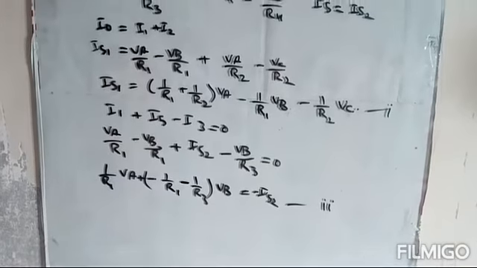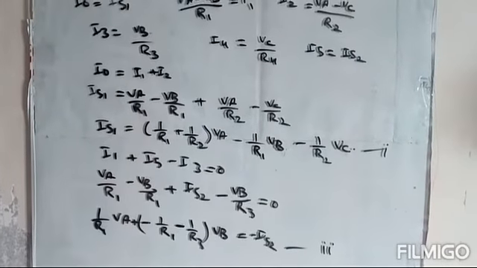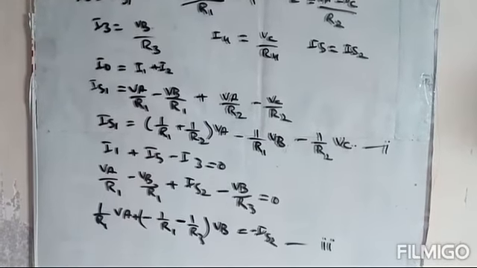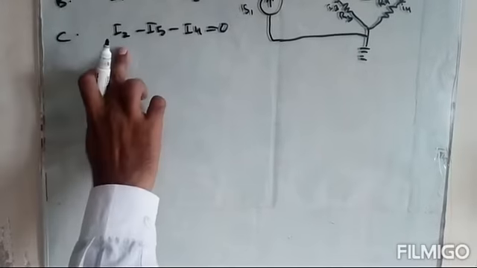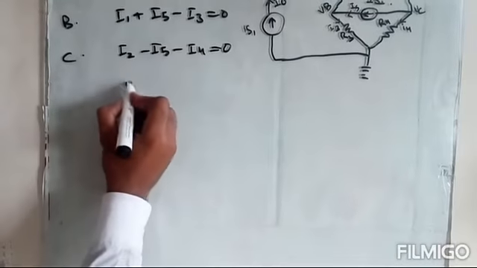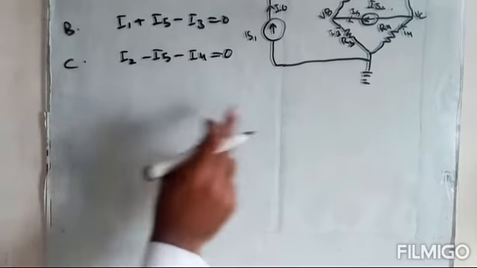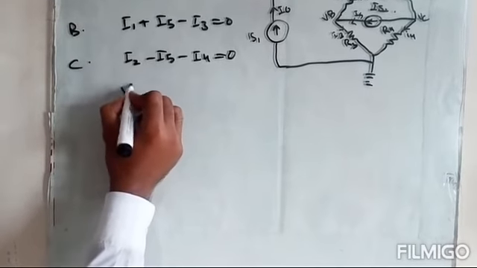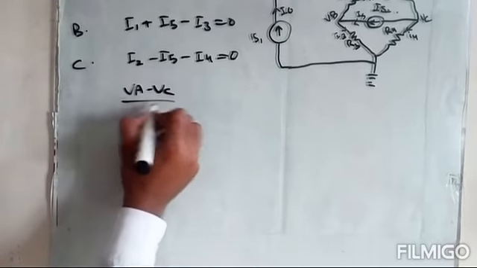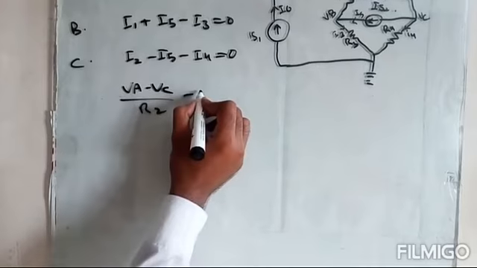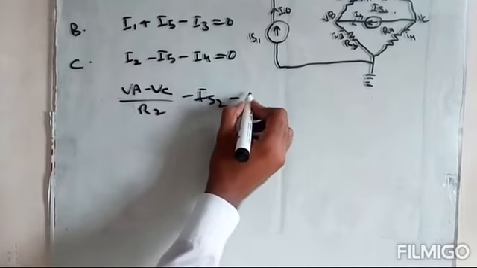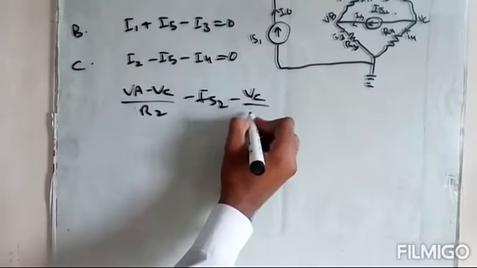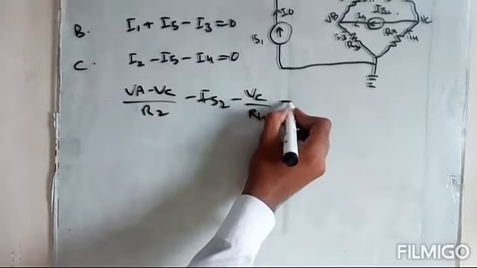Now we will put the values of current in the third node equation, at node C. I2 is equal to VA minus VC over R2, minus I5, which is IS2, minus I4, which is VC over R4, is equal to 0.